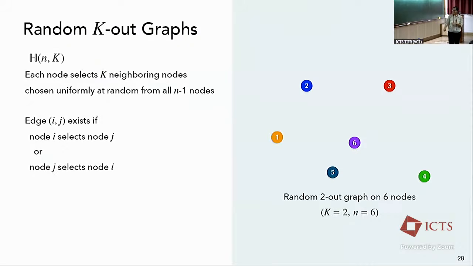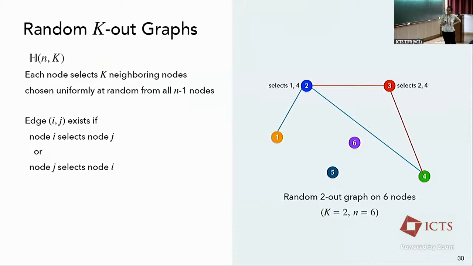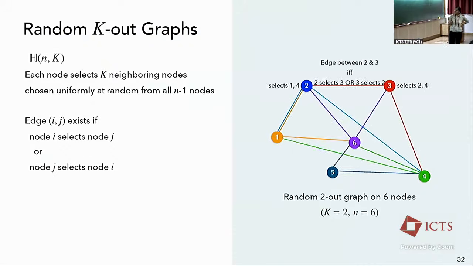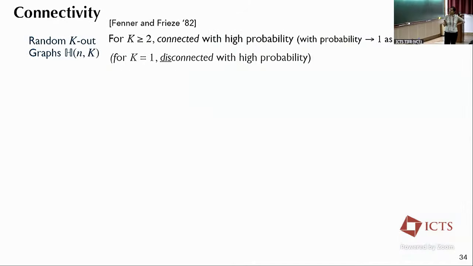But here, as a toy illustration, suppose we want to generate a random 2-out graph on 6 nodes. What we'll do is each node is going to select k other neighboring nodes uniformly at random from the remaining graph. Each node does this, and we say there will be an edge between 2 nodes if either of them has selected the other. So this is a random k-out graph.